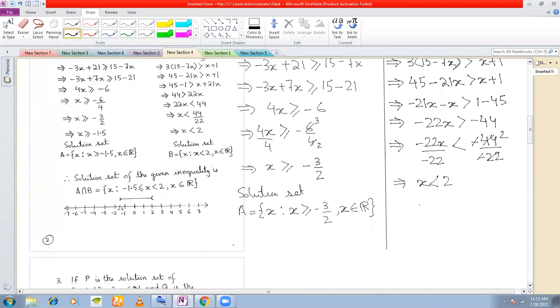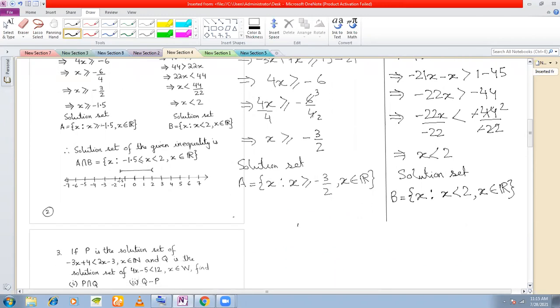So what is the solution set here? X such that x less than 2, x belongs to R. Okay. So therefore, what should be the solution set of the given inequality? It is the intersection of these two sets.